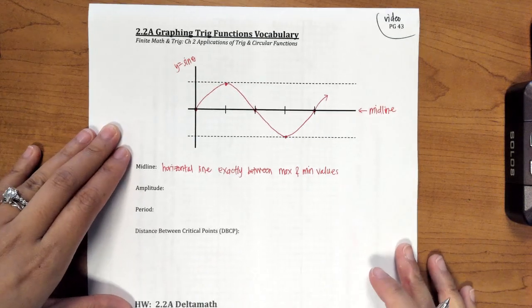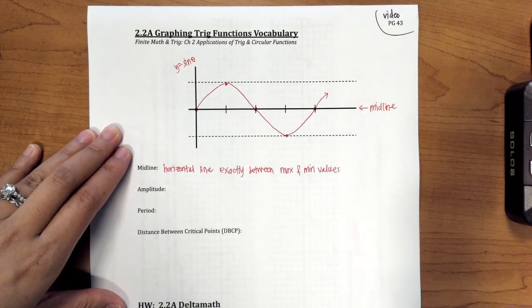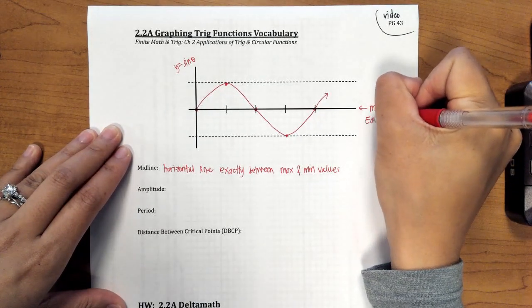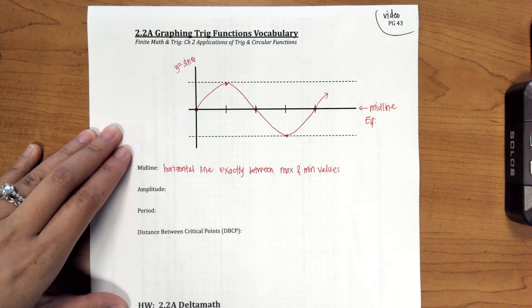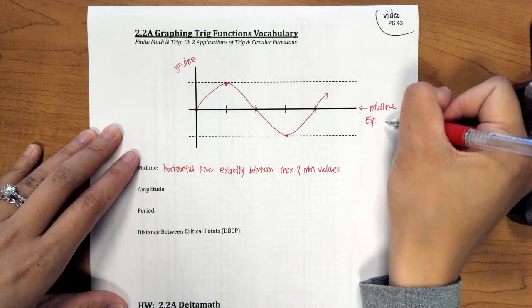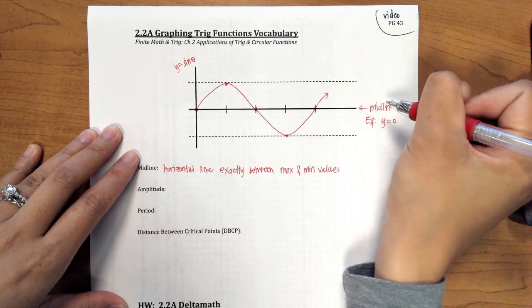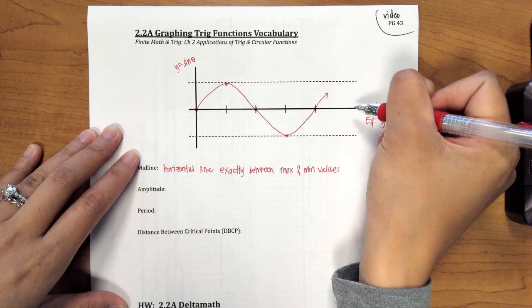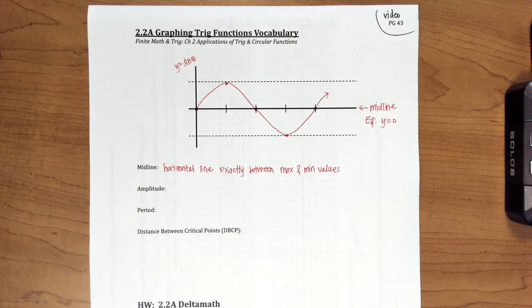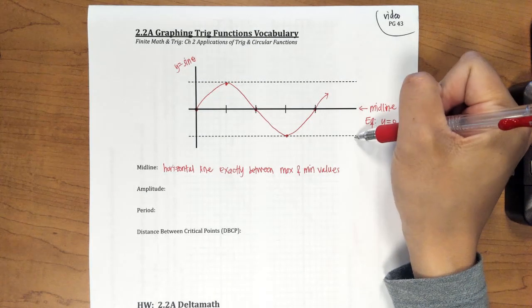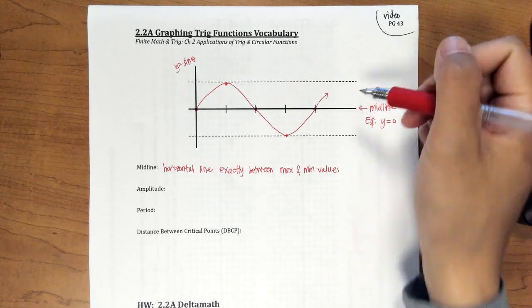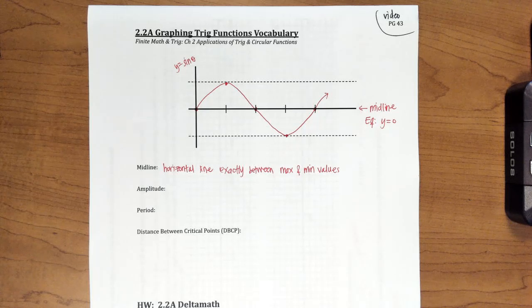When you do your Delta Math homework, it's going to ask you to write the equation of the midline. So they don't want just 0. They want our equation, which is y is equal to 0, because that's this solid line right there. Okay? Now it seems really easy to see it right now, and obviously I can say, hey, if this is 1 and this is -1, this must be 0. But what if the numbers get a lot bigger?